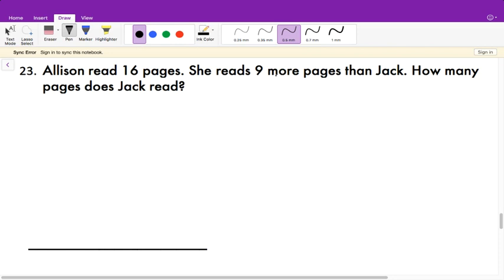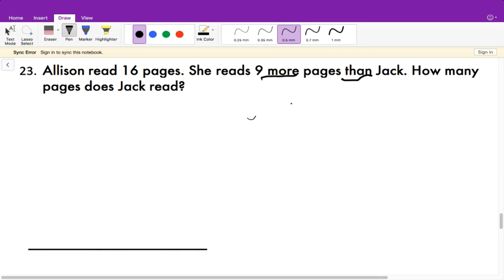It's a start, change, result. But this is trying to trick you a little bit because it doesn't only say the word more. It says she reads 9 more than. So than is always going to be there when we're comparing two things. So that right away tells me this is a compare problem.